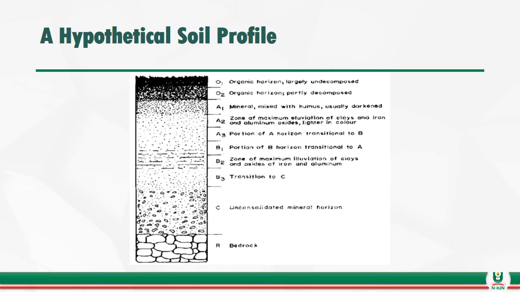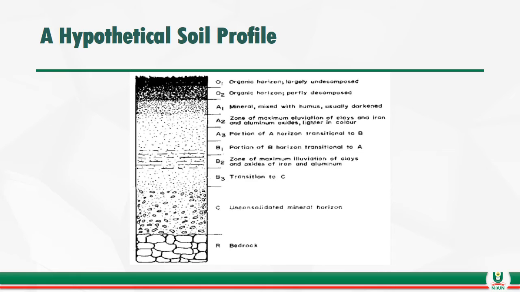Of course, when we talk about eluviation, it is the moving away of material out of a particular location, and we can see it in the A2 here, where we have movement of things like organic matter, sesquioxides, oxides of iron and aluminium.